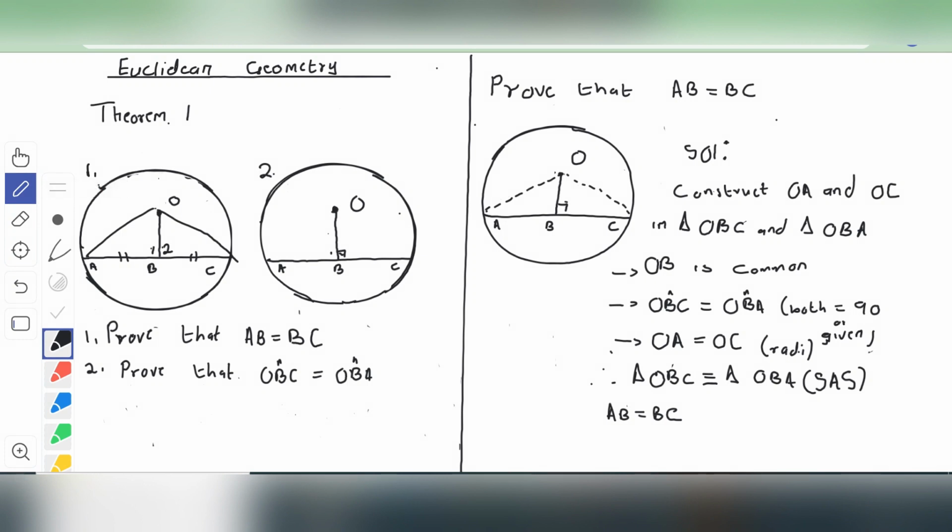Okay, guys, we have this line which we just proved, that we constructed OA and OC, right? And then we proved everything. But now we know that this line OA is equals to the line OC. We know that, right? They're both radii.